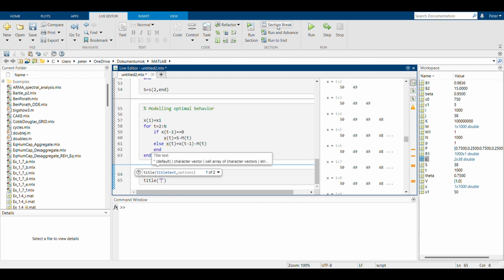The title is: optimal stock following an sS policy.